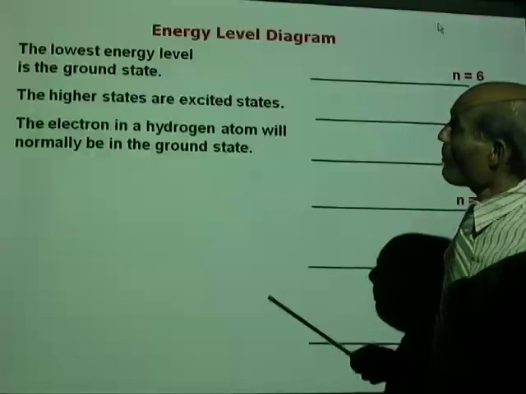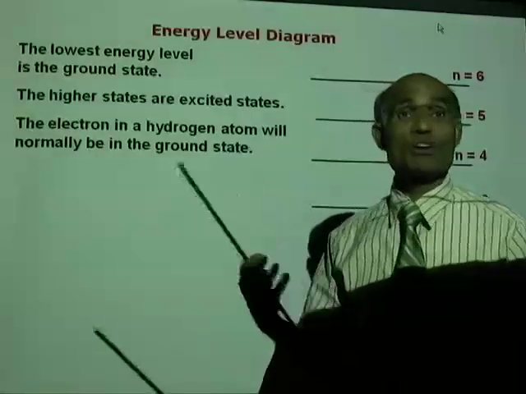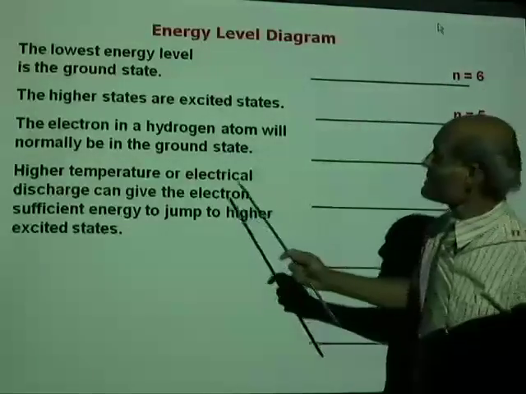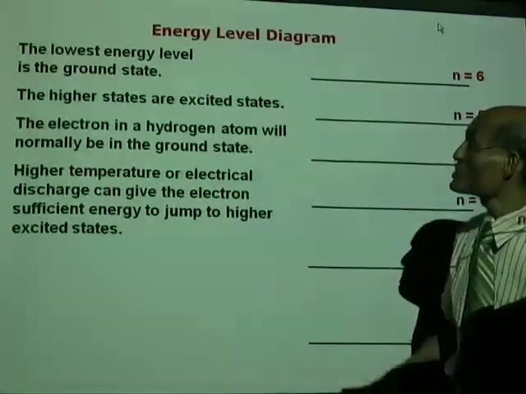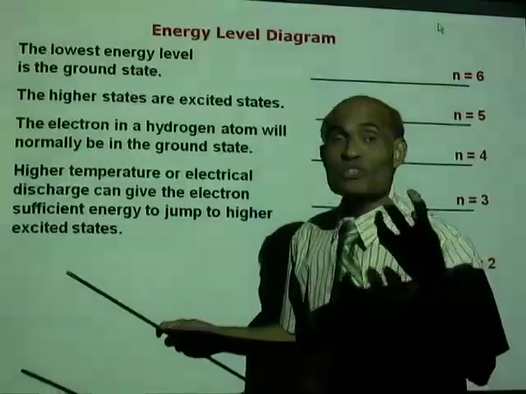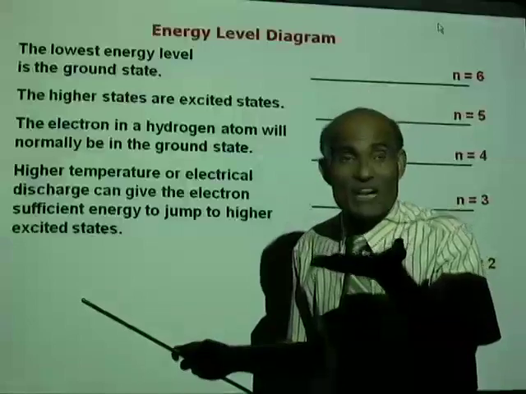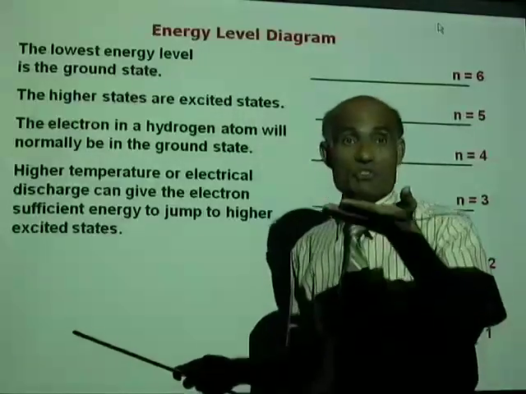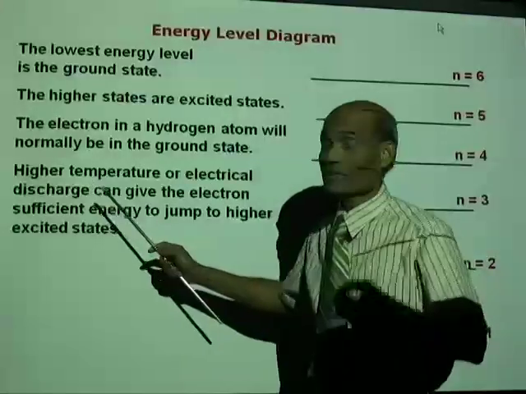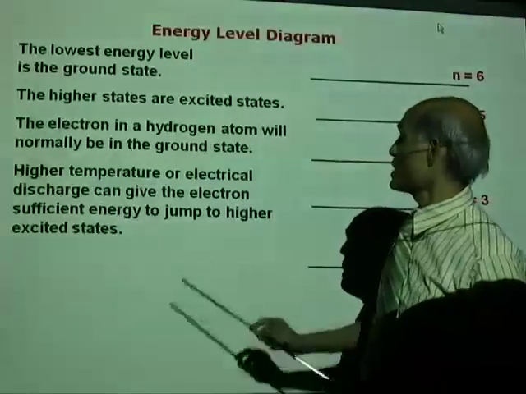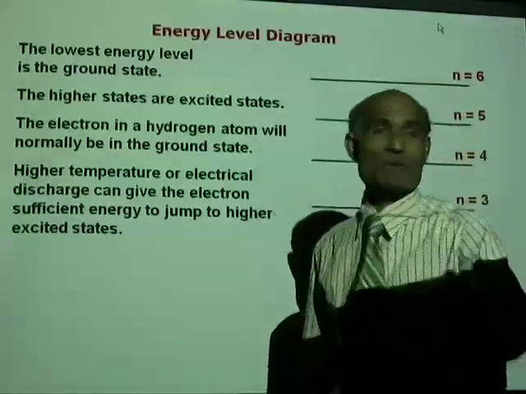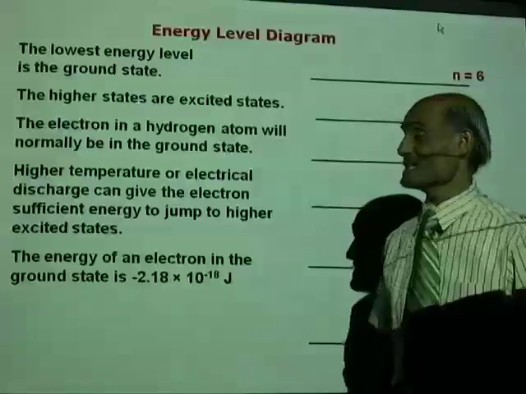Now remember, all our discussions are based on the hydrogen atom model. Now, higher temperature or electrical discharge, we talked about that. An external source of energy can actually give the electron extra energy, and these external sources can be higher temperature, heating, or an electrical discharge, which will result in an electron jumping to higher orbits or higher energy states.